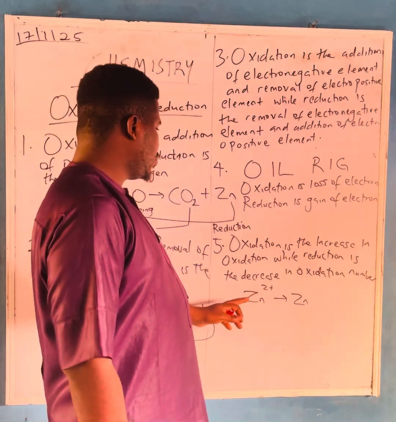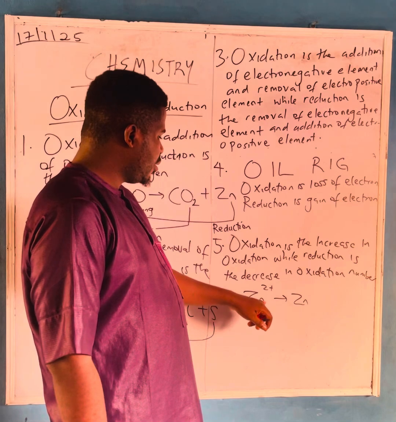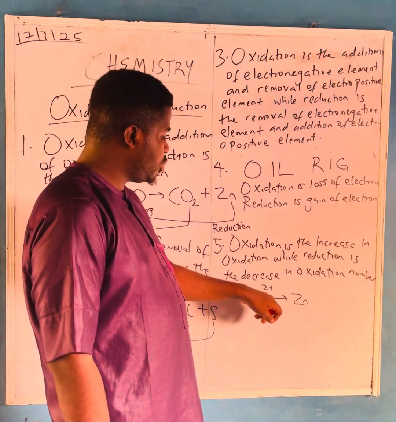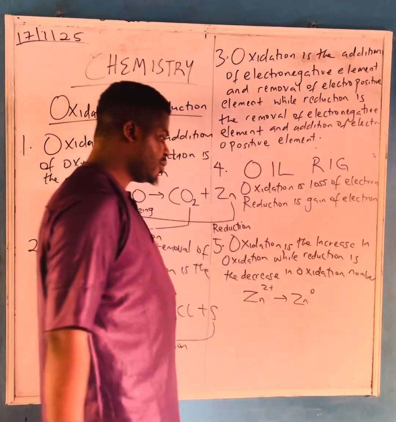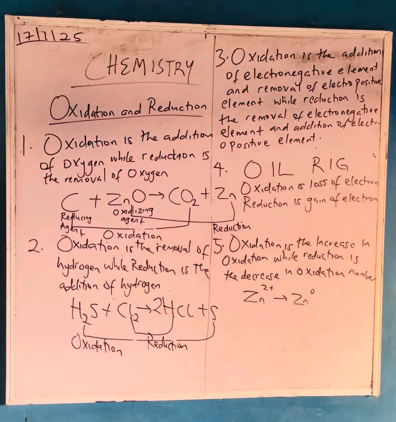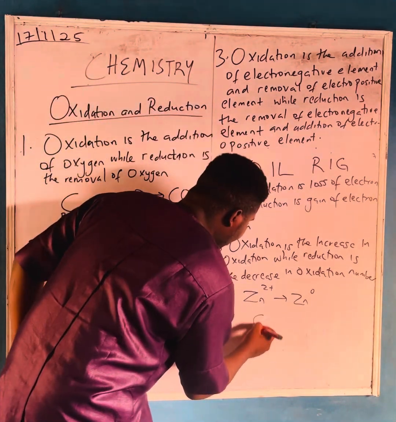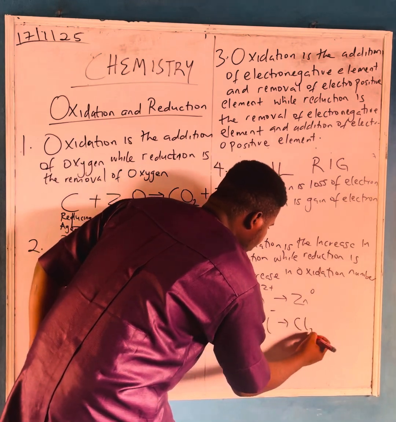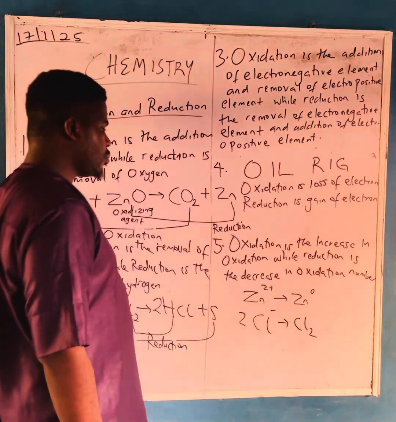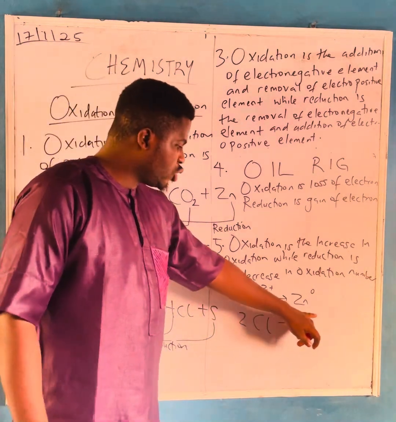What is happening here is reduction. The oxidation number of zinc here is plus 2, but it's now 0 here. So there is a decrease in oxidation number. I hope you understand. But if there is an increase, something like this, before the oxidation, you can see that minus, and this one is now 0.